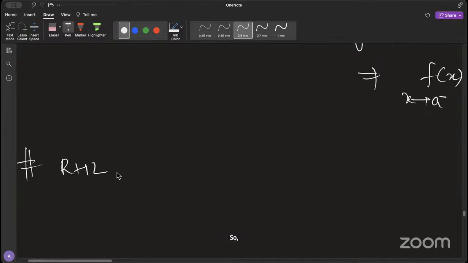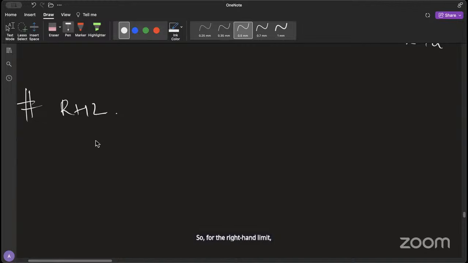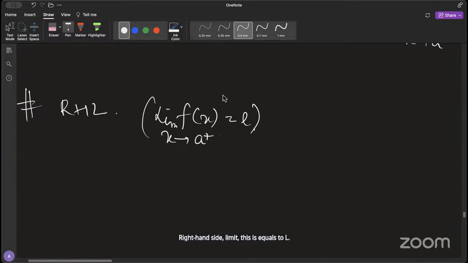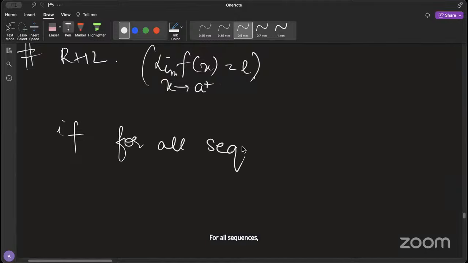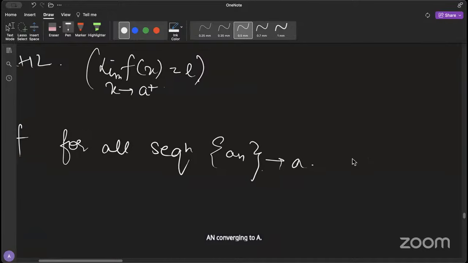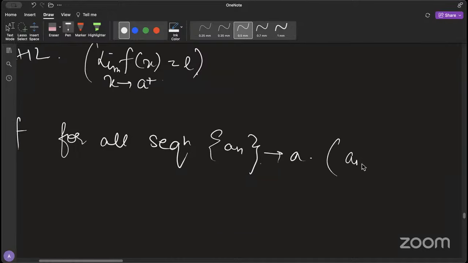So for the right-hand limit, this is the notation: f(x) as x tends to a from the right-hand side is equal to L if for all sequences a_n converging to a and a_n is greater than a.